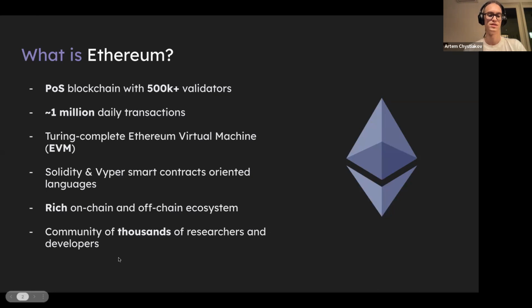Ethereum has an amazing community of thousands of researchers and developers. There are a lot of groups, for example, on Telegram, on Reddit, Discord, where people just discuss new topics, maybe some hacks or vulnerabilities in the protocols.